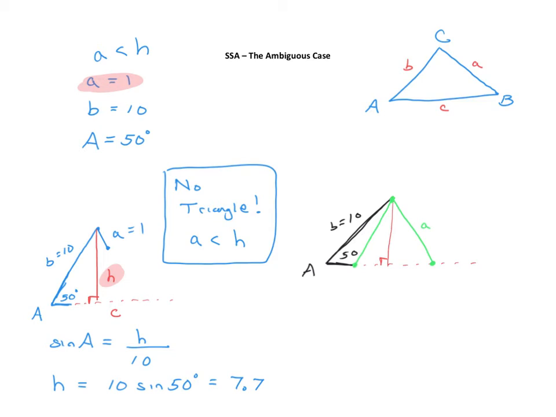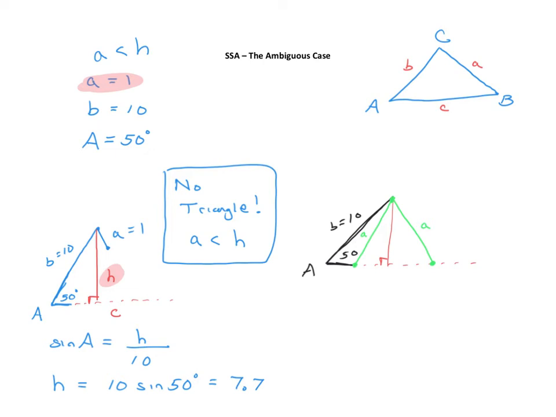So what happens here is if A is longer than H, but it's shorter than B, you could draw that distance over here to get this one triangle, or you could draw A over here to get this second triangle. So it's a very strange thing. For certain values of A, you can actually end up with two triangles.